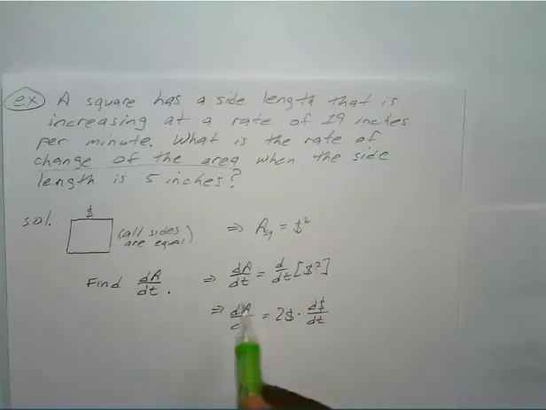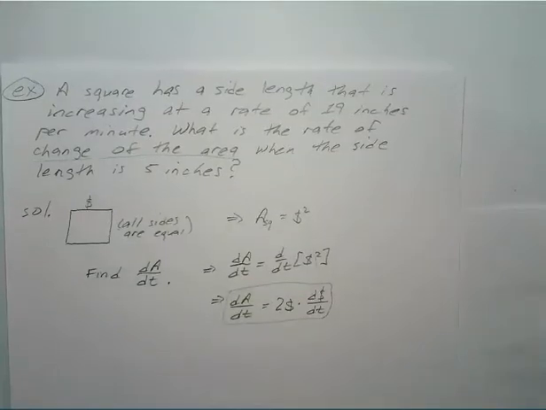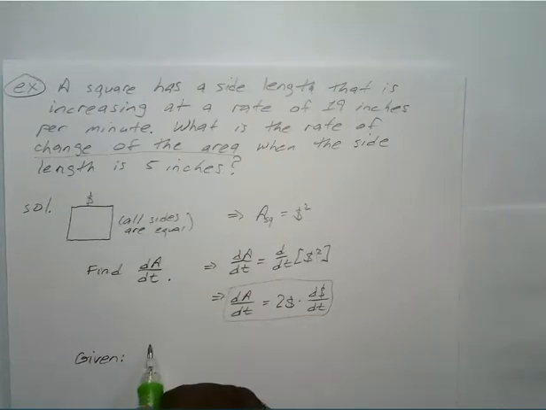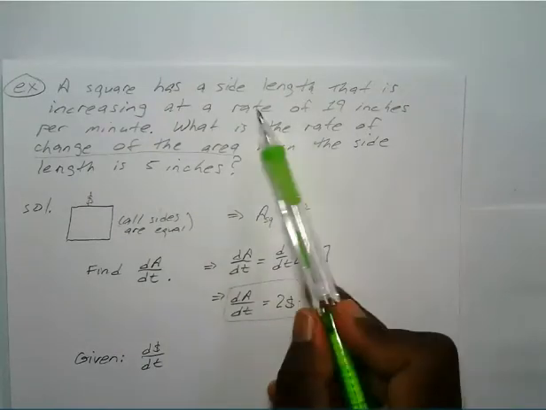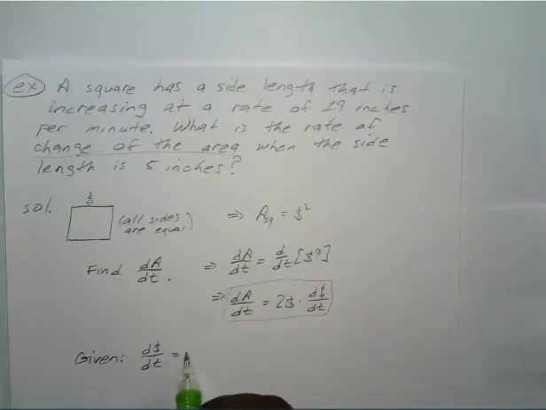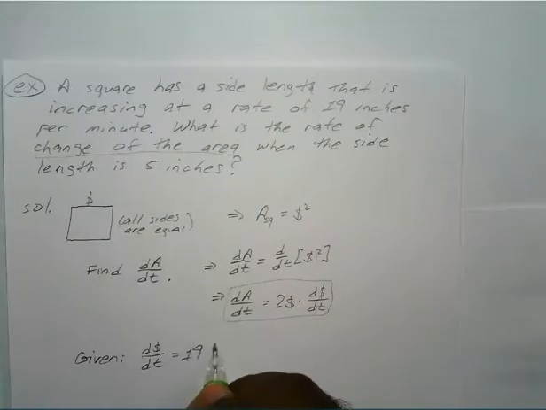Alright, so now that we have our formula, we look at what's given to us and plug those in. We know that the rate of change of the side with respect to time, remember the side length is increasing by 19 inches, so that's 19 inches per minute.